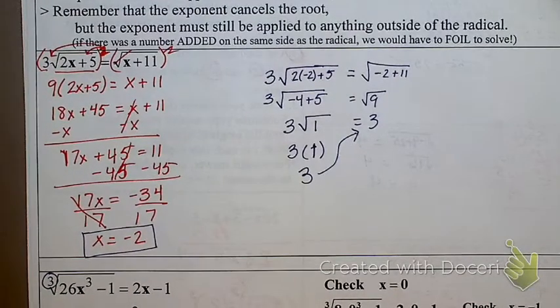Now, I have one last question for you. Where do you think the most likely place is for somebody to mess up in this process on this one? And I'm speaking from experience because I've seen it over and over and over again. I'll give you a hint. It's in the very beginning.